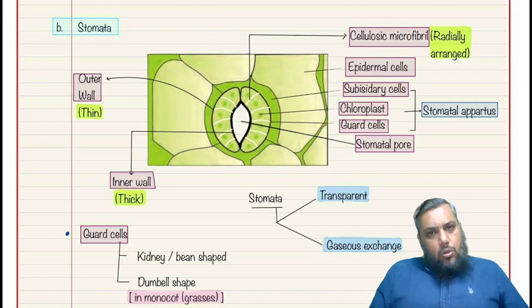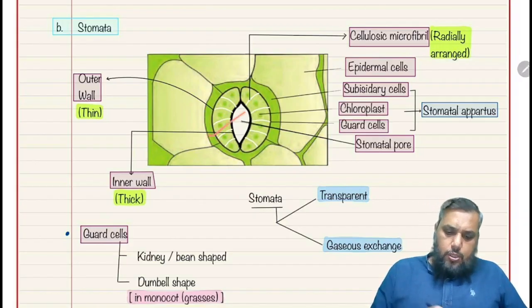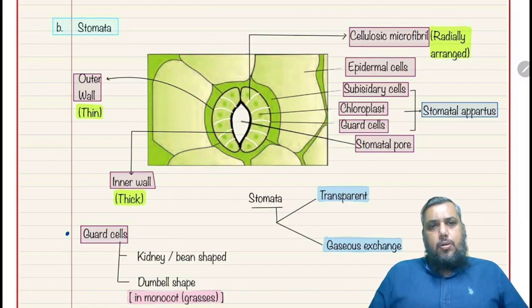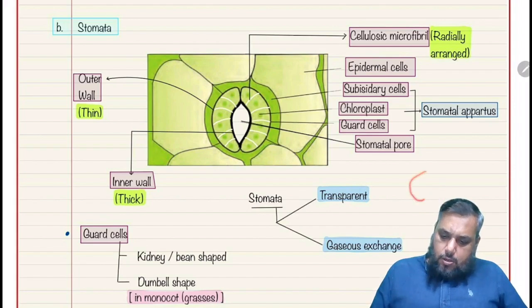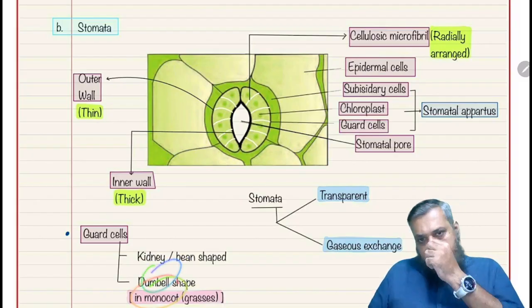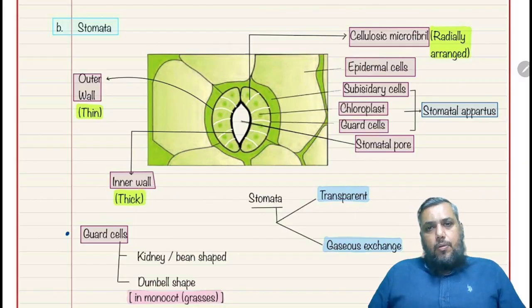In the case of dicots, the guard cells, as you can see over here, are kidney shaped or bean shaped. But in the case of monocots, they are dumbbell shaped structures. So keep this difference in mind, that in monocots they are dumbbell shaped structures, right?